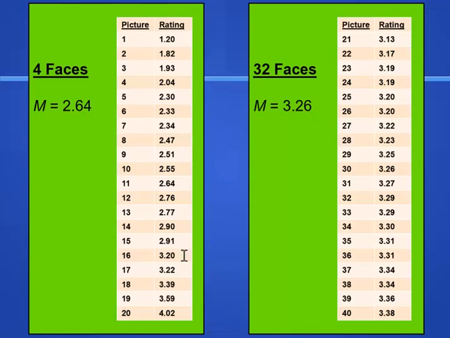Just by looking at this, you can see that the ratings for the 20 different pictures comprised of an average of 4 faces for each picture had a lot more of a spread, right? There was a lot more variability in ratings for those, whereas the 32 face pictures, the ratings were consistently similar across all the different pictures, regardless of the 32 different faces that were used to make the composite.